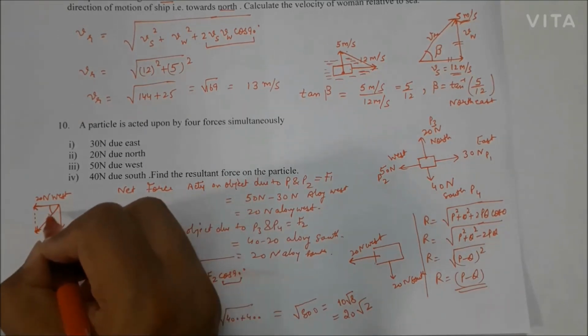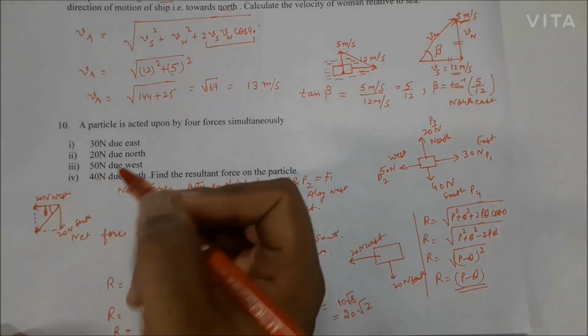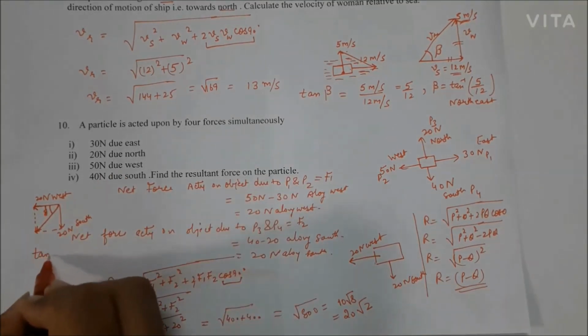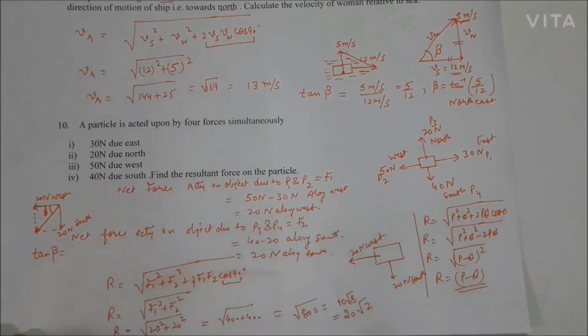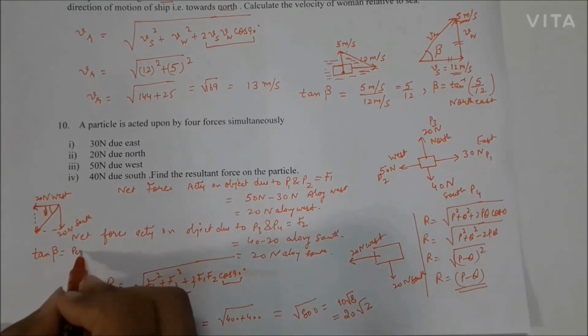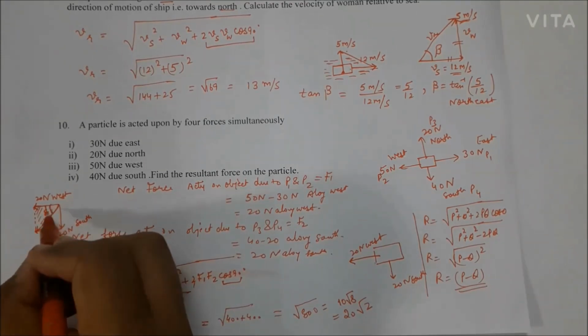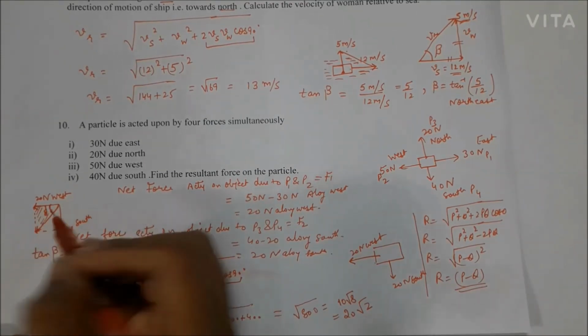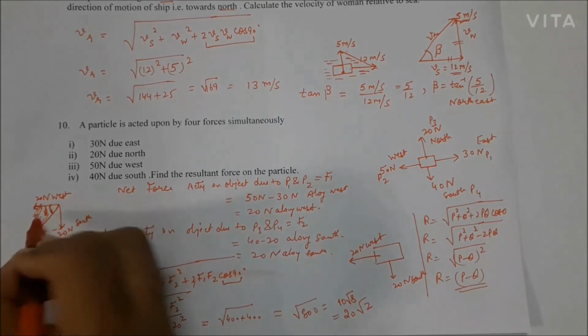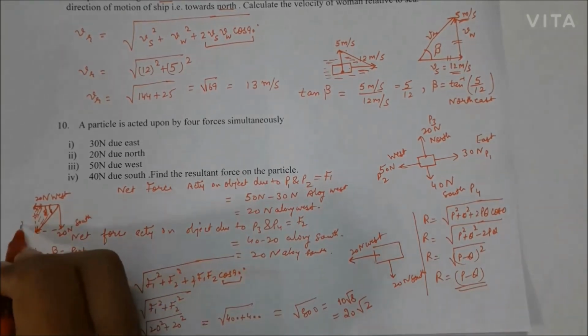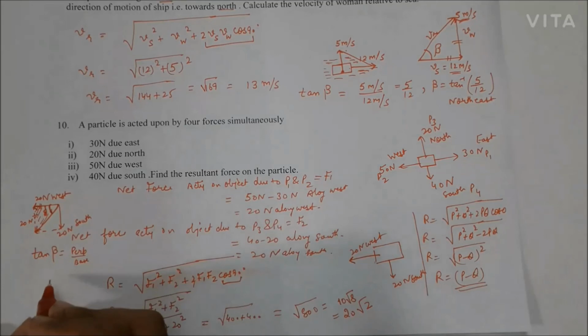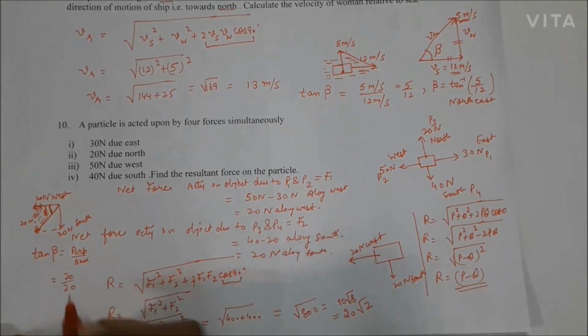So this is making angle beta with this direction. Now we have to find out tan beta. Now what is the value of tan beta? It is perpendicular upon base, right? So in this triangle, if this is my angle between base and hypotenuse, then this is my base and this is my perpendicular. Now perpendicular is again 20 Newtons and base is again 20. So 20 upon 20.